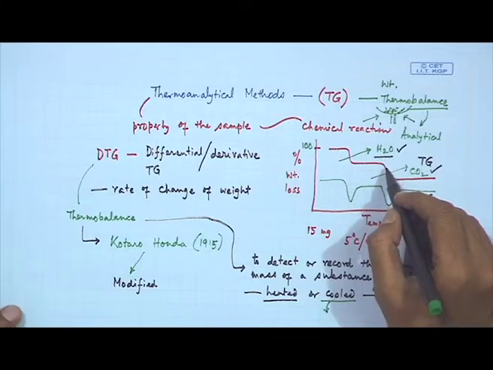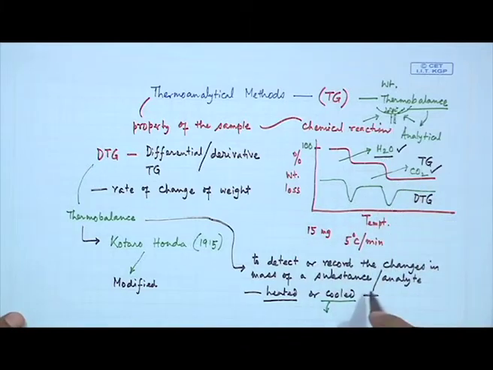So, we can get a very good idea using these thermobalances about the change in mass as a function of temperature, or time if it is synchronized with the temperature change.